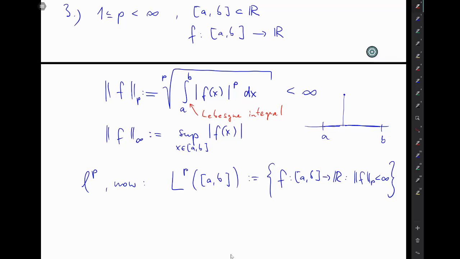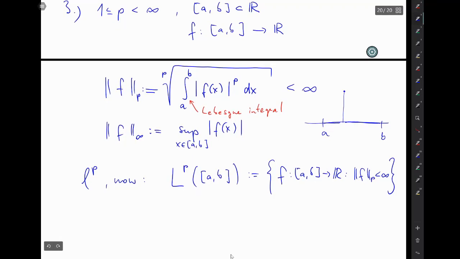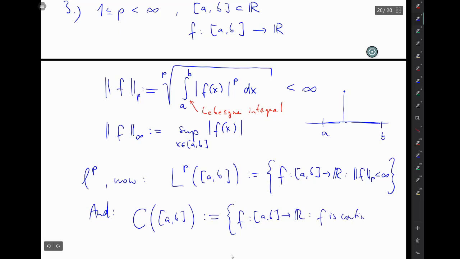Okay, just for completeness, let's recall one more class here, one more space of functions, and then we have it. Okay, so C over a, b, and we had that in the very first lesson or lecture, is the set of functions f from a, b into the real numbers where f is continuous.